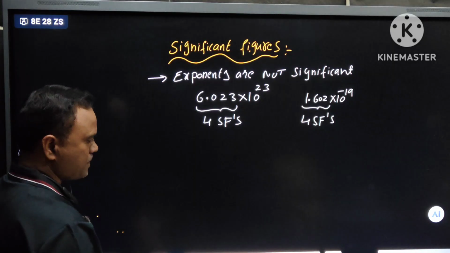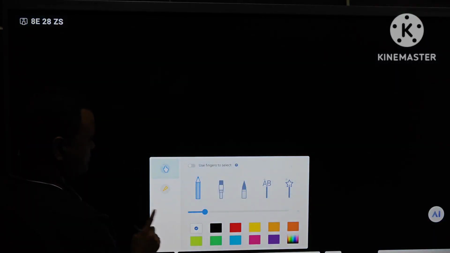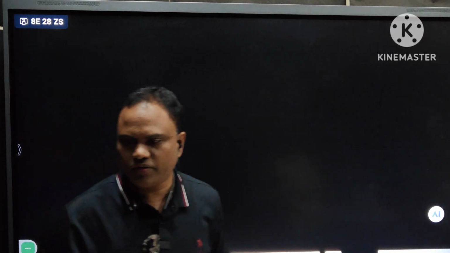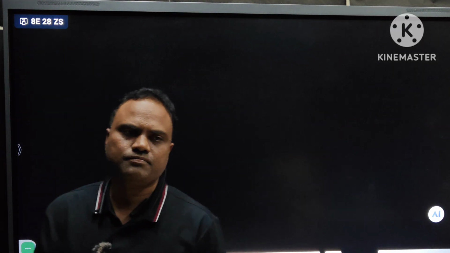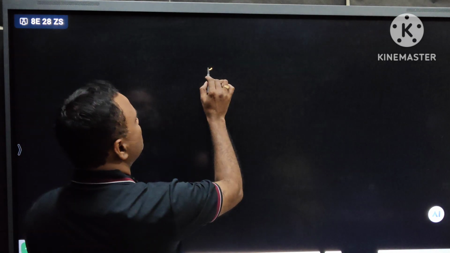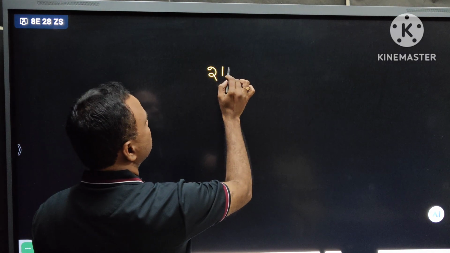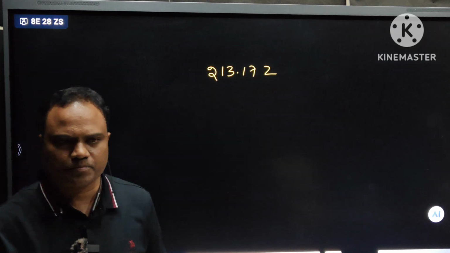Next, a very important part: rounding of numbers. For example, I have one value like 213.172.